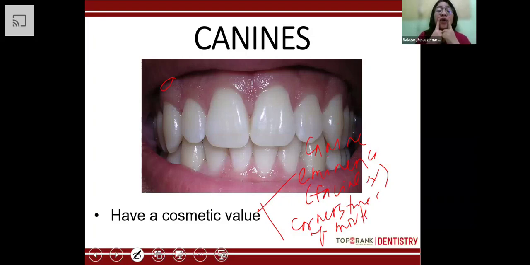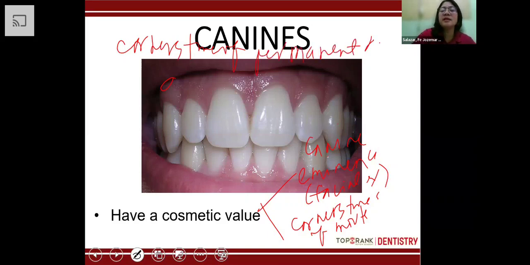They are at the corners of your mouth. Again, differentiate from the cornerstone of the permanent dentition, which is your mandibular first molar.